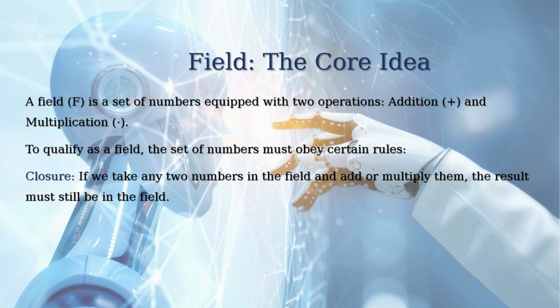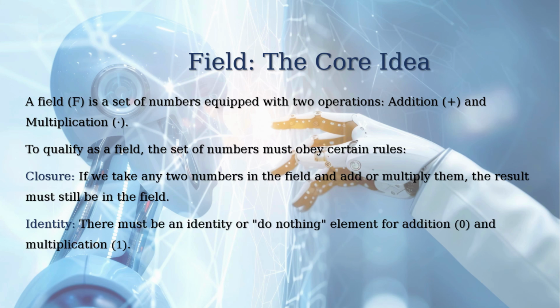If we take any two numbers in the field and add or multiply them, the result must still be in the field. Number 2. Identity. There must be an identity element for addition and multiplication. And number 3. Inverses. Every number in the field must have an inverse.